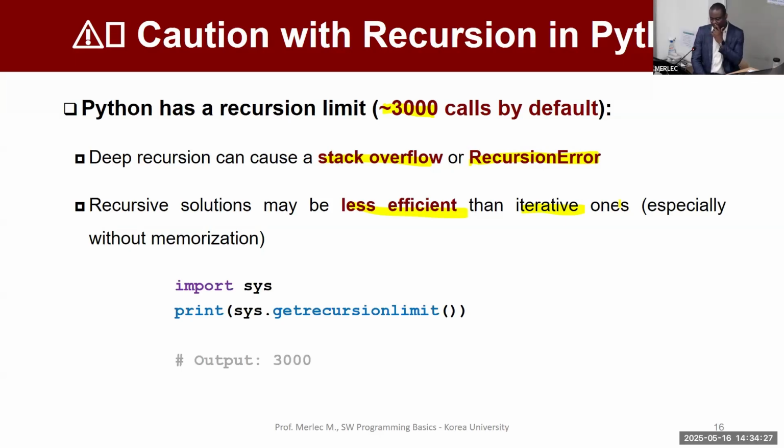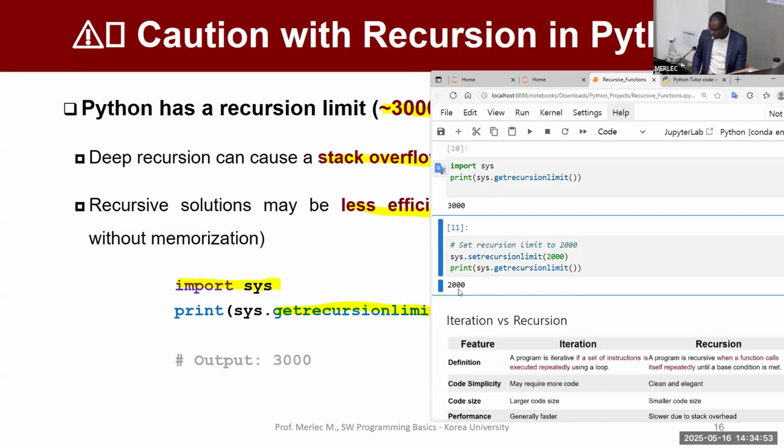So for you to check the size of the recursion limit, use just this instruction. First of all, you have to import the sys module. From the sys module, you can use the getrecursionlimit function.